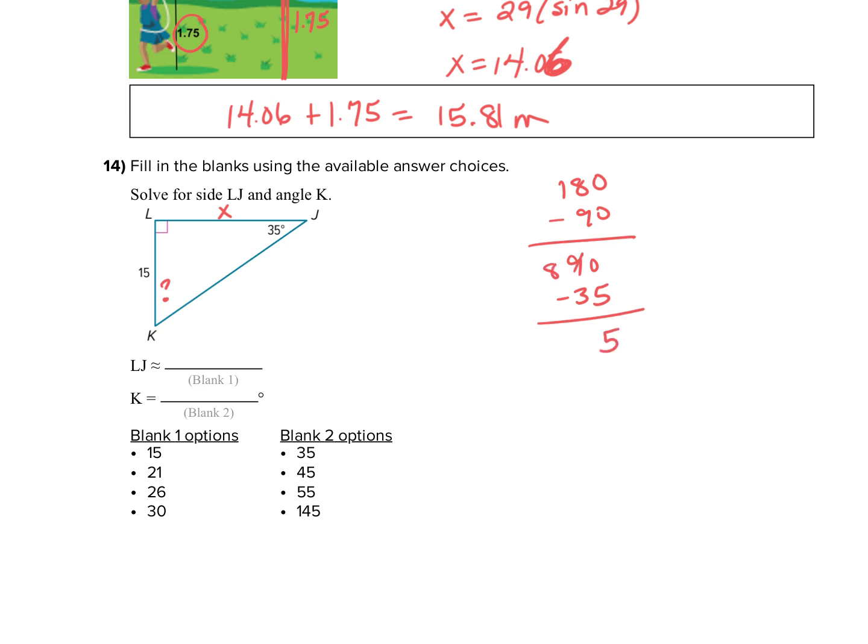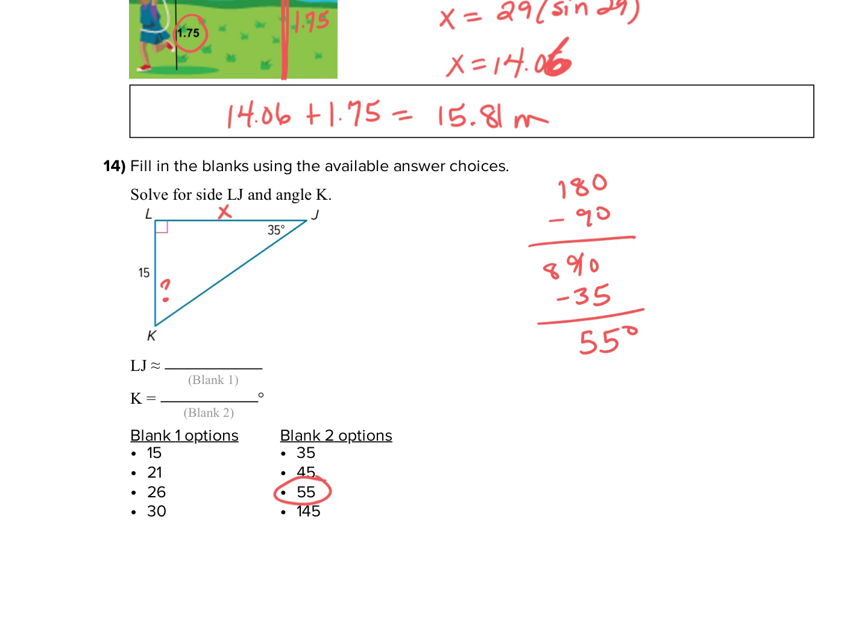So angle K is 55 degrees. Once you find the side length of LJ, you can use the two side lengths to find the angle of K, but you don't have to. You can just do the simple subtraction.